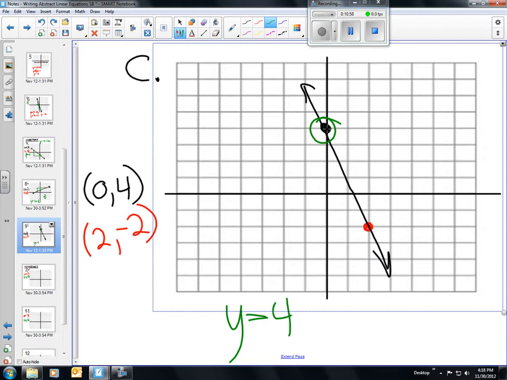And then our slope is going to be negative 6 over 2, the change in y over change in x. This is a decreasing graph, so we put a subtraction sign. And then the 6 over 2 reduces to 3. So we can just say y equals 4 minus 3x there.